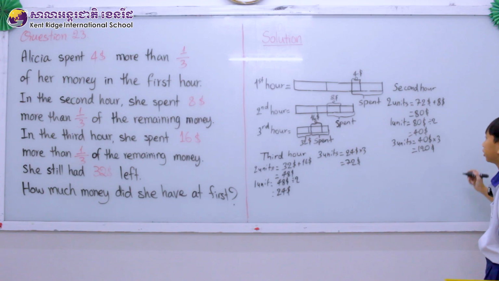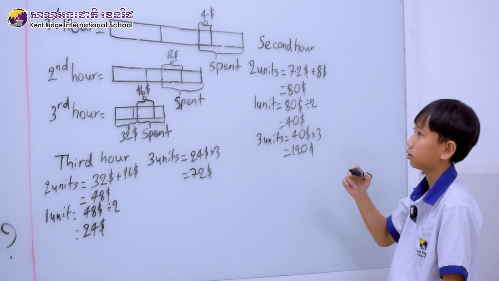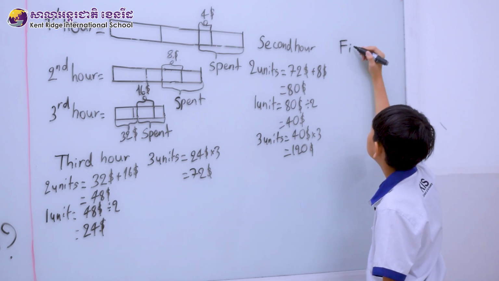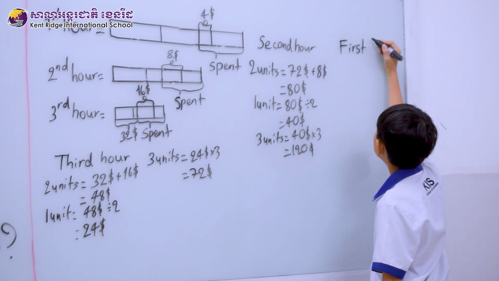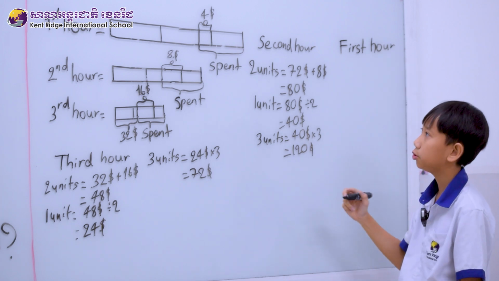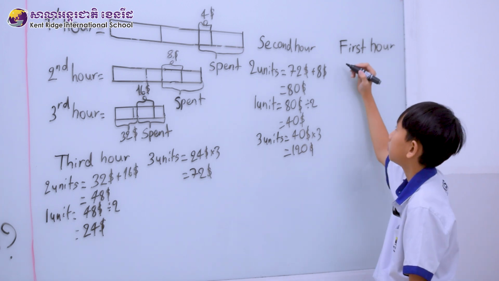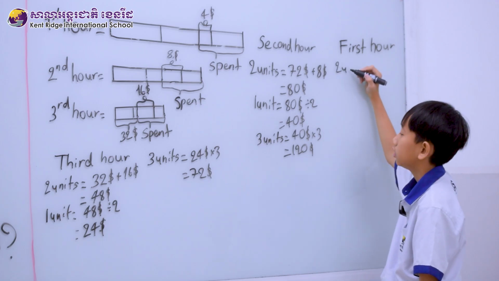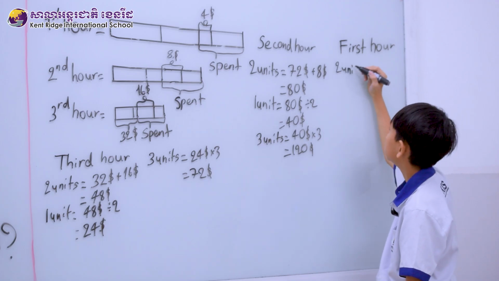This is the final one, and we have to find how much money she had in total in the first hour. Now we have to find 2 units of the first hour, which is equal to $120 plus 4.